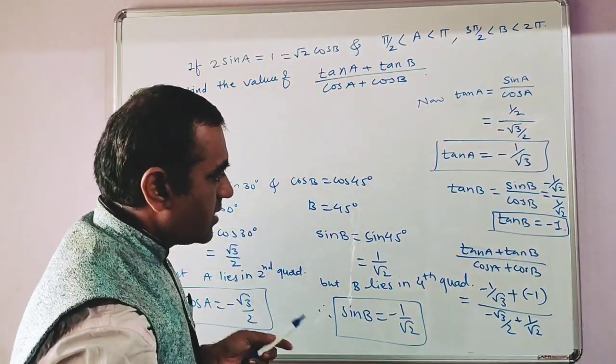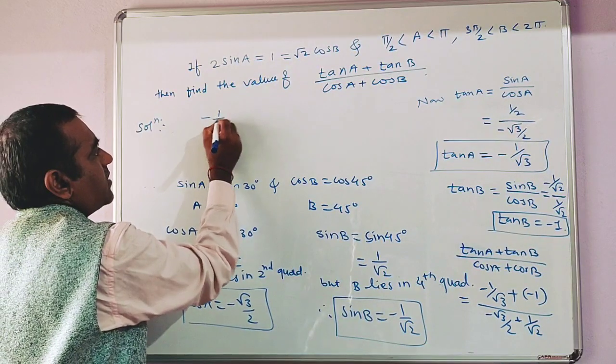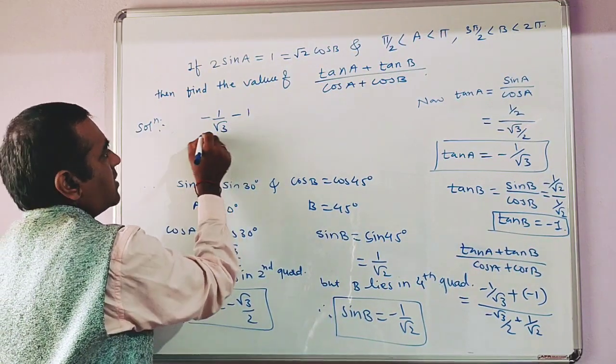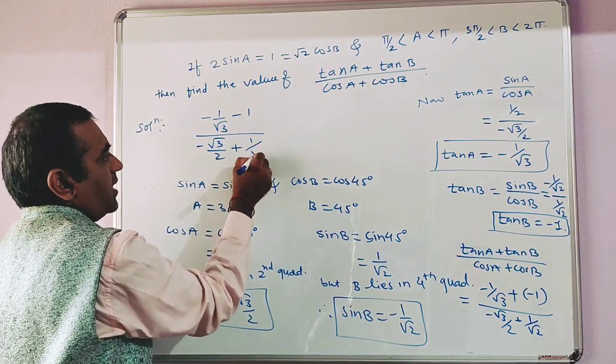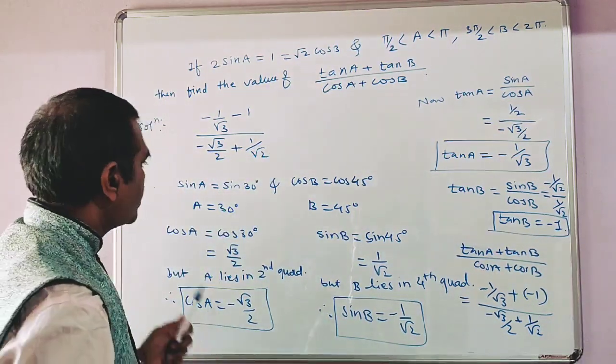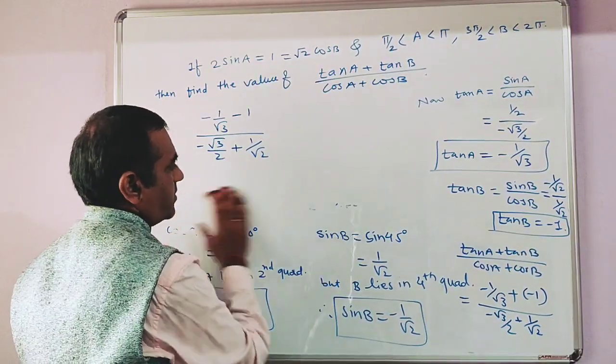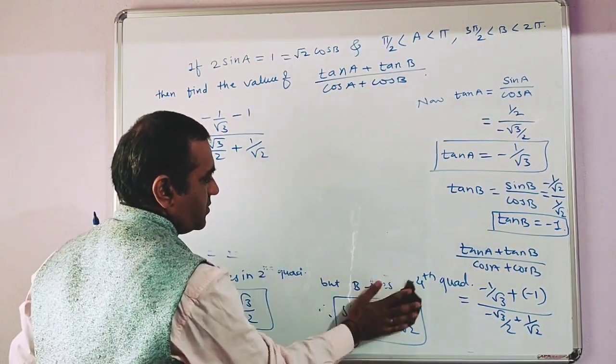Again we have to solve this. What do we get? Minus 1 by root 3 minus 1 upon minus root 3 by 2 plus 1 by root 2. See what to do here.